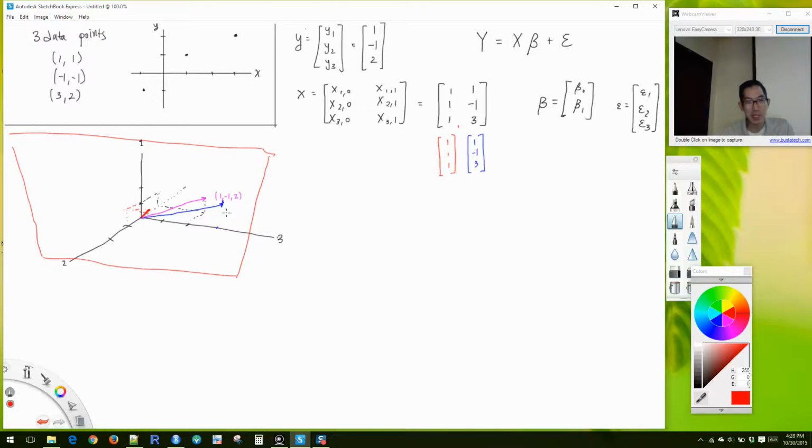Okay, and we are trying to project this purple vector onto the plane defined by 1, 1, 1 and 1, -1 and 3.